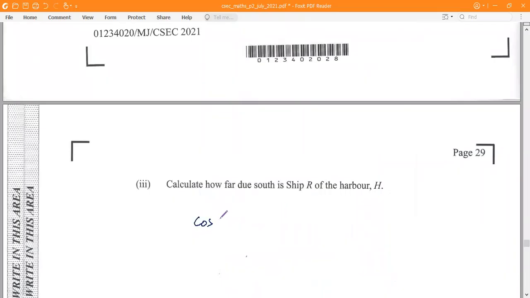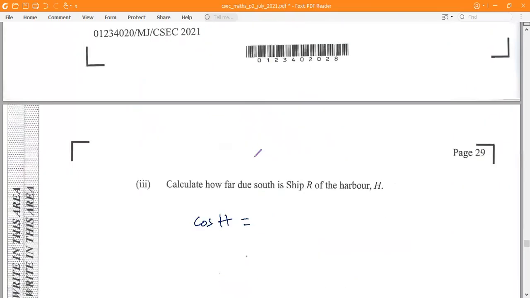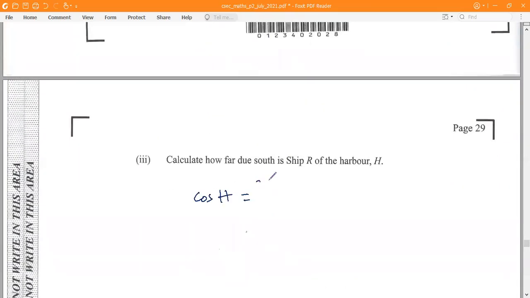So we have cos of capital H equal to adjacent over hypotenuse, and we want to work out this adjacent. So let's substitute values. Cosine 29 degrees is equal to ADJ divided by 242.